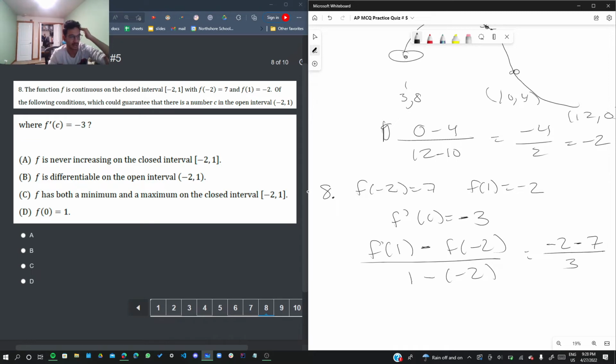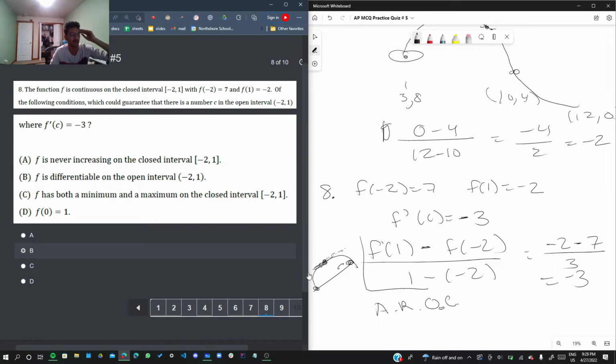So what they're trying to do, this is the average rate of change, right? This is taking one point and another point, and you're just finding the slope, right? By the mean value theorem, whenever you have 2 points and you can take the slope between them along that function, there's going to be a point in that interval, assuming that it's differentiable, that has the exact same slope.